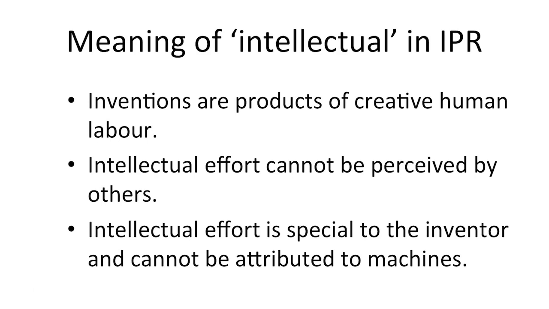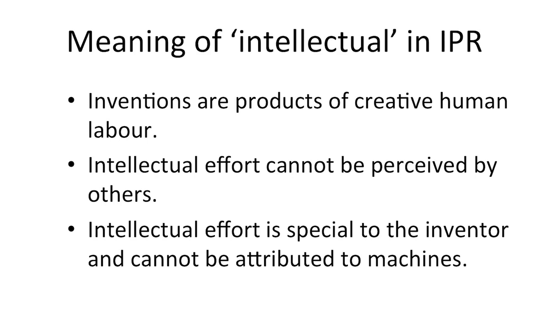So whenever we talk about the property that comes out of an intellectual effort, it is this trait that we are talking about. For instance, we do not say an artist or a tailor uses colorful threads to create an embroidered piece of cloth. The same could be done today by a modern sewing machine. We don't say the work of the sewing machine is intellectual property, because the intellectual property went in much before, in the creation of the sewing machine, which was capable of doing these intricate designs on cloth using colorful thread.